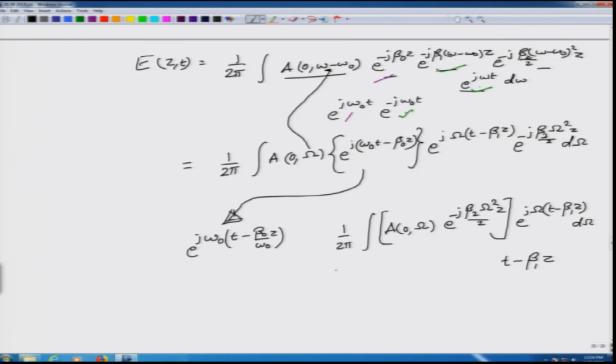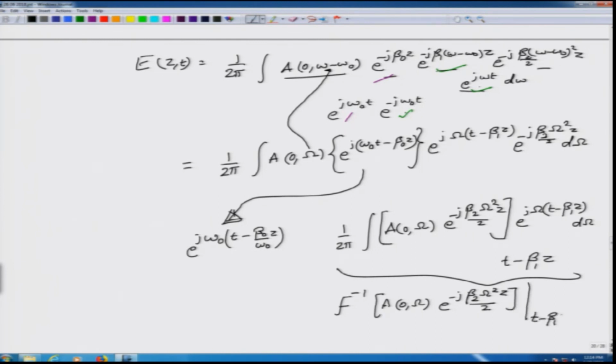This entire term on the right hand side can be written as the inverse Fourier transform of A(0, omega) e to the power minus j beta 2 omega square z by 2, evaluated at t minus beta 1 z, multiplied of course by the carrier term e to the power j omega 0 (t minus z times omega 0 by beta 0).